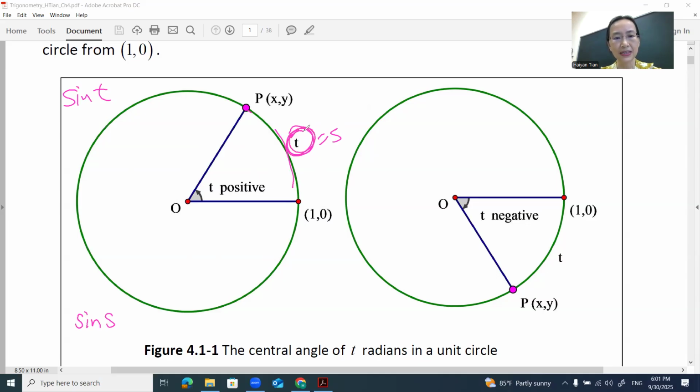If we consider t as the length of the arc, then if you view this x as cosine t, it is the same as cosine of the arc length, cosine s, because s and t are the same. And y is sine t, which can also be viewed as the sine of the arc length. So sine and cosine can be viewed as functions of either t or s; they are the same quantity.